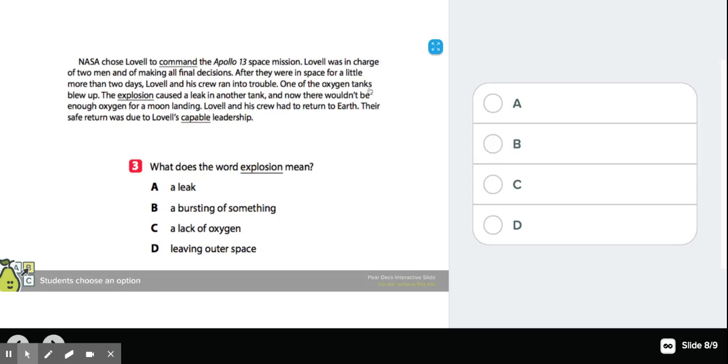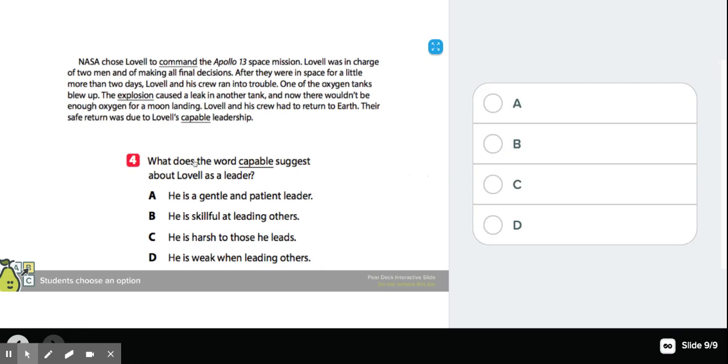One of the oxygen tanks blew up. The explosion caused a leak in another tank. So what does explosion mean? A leak, a bursting of something, a lack of oxygen, or leaving outer space. I'm also going to think about what I already know about explosions. Maybe you played a game or seen a movie where there was an explosion. An explosion is B, a bursting of something.